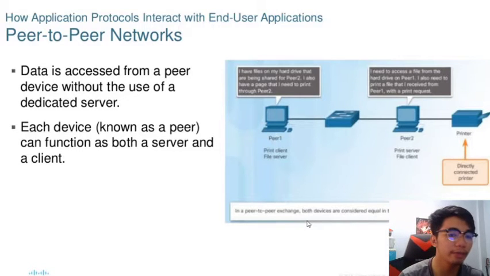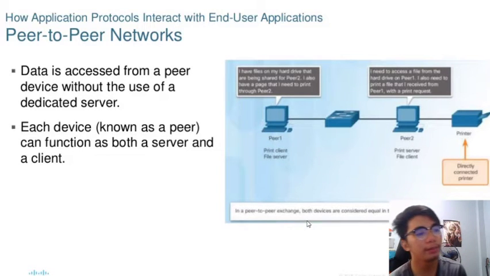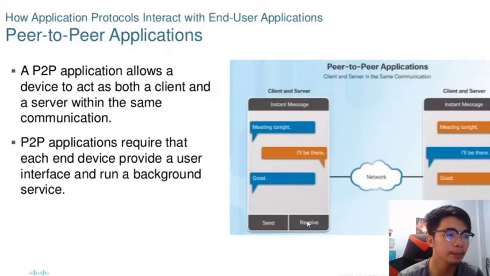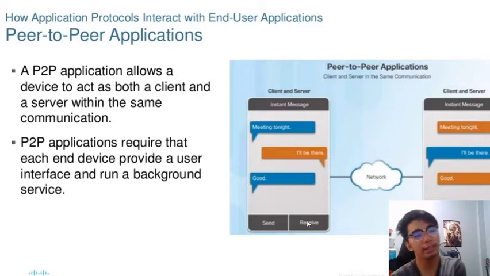Then peer-to-peer network: data is accessed from a peer device without the use of a dedicated server. Each device, known as a peer, can function as both a server and a client. A P2P application allows a device to act as both a client and server within the same communication.